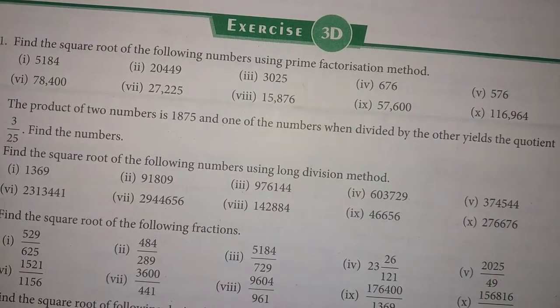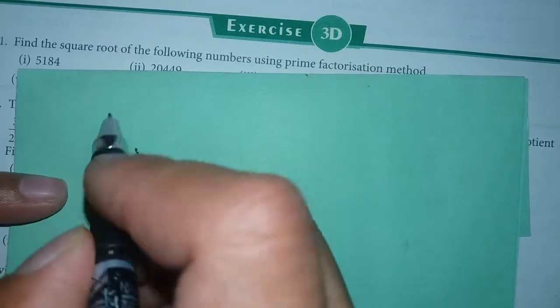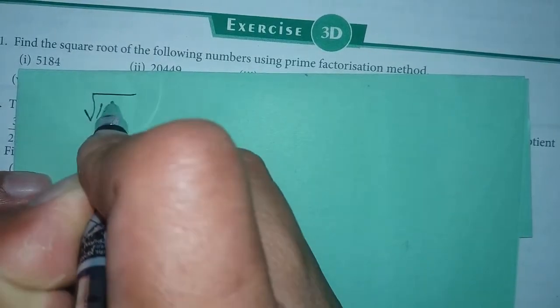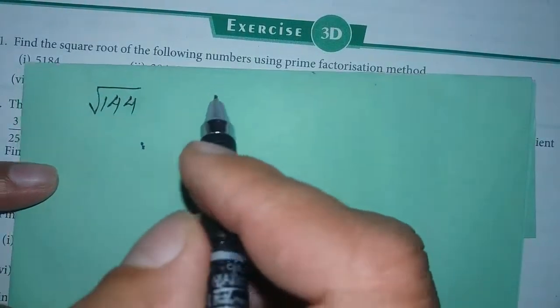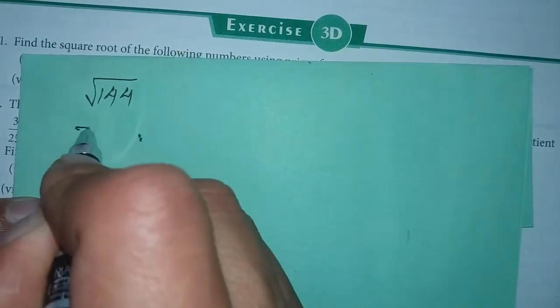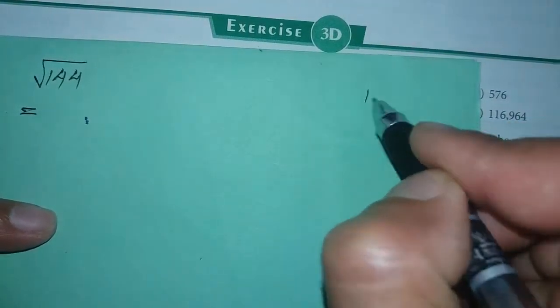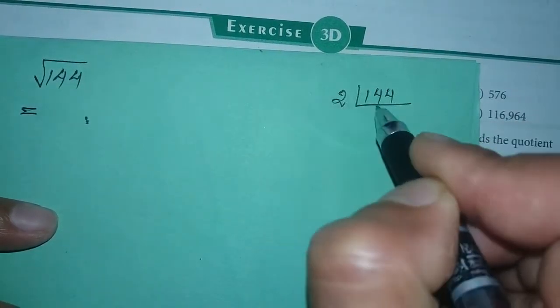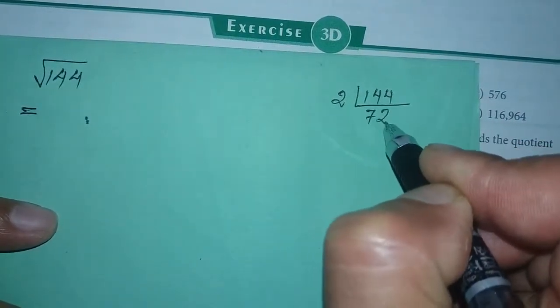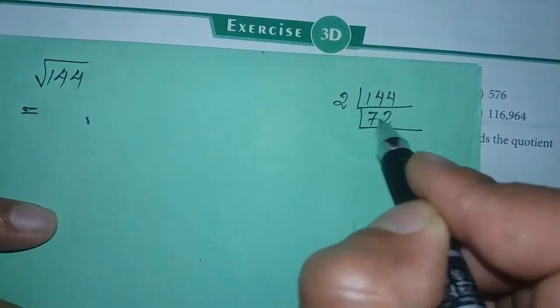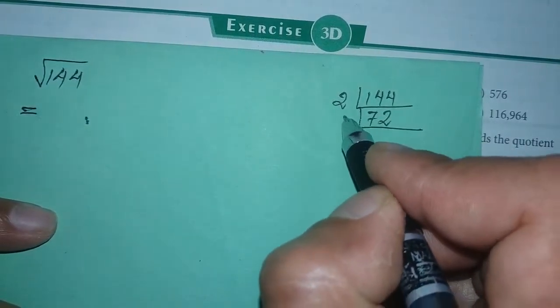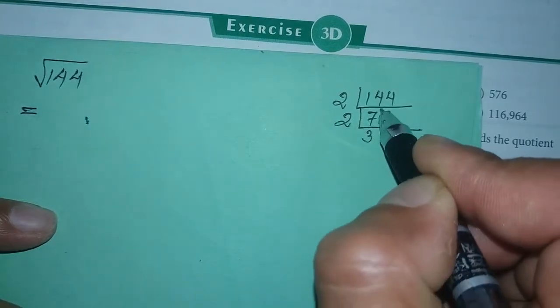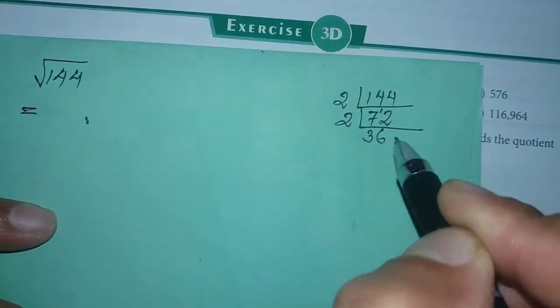I will give you more examples before we go to the exercise. Now let's try to find the square root of 144 using prime factorization. So 144, we're going to find the prime factors. So 2 7s are 14 and 2 2s are 4. Now you can divide, 72 is divisible by 2, so 2 3s are 6, 1 remainder here. 2 6s are 12.